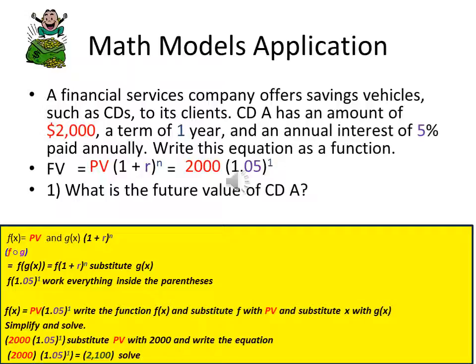And when I come back, I'll show you what I came up with. Okay, let's go. f of x would equal PV, and g of x would equal 1 plus r to the power of n. Now, I can use the exponential, however, I have a power of 1, and a power of 1 would not affect my parentheses, so I can still do it as a linear equation.